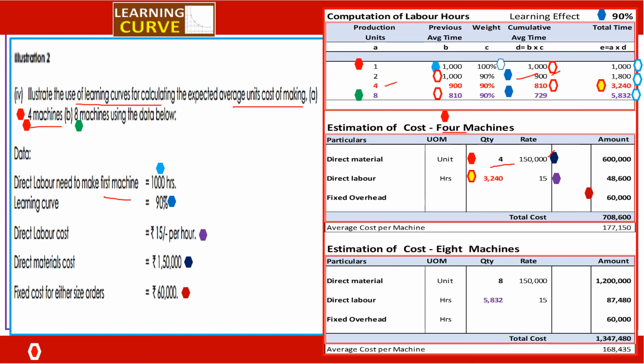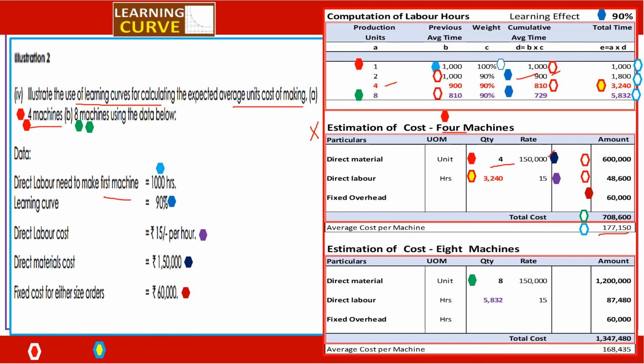There is a fixed cost of 60,000. And if you receive an order for 4 machines, the amount that you will charge is 7,08,600, means per machine you will charge 1,77,150.